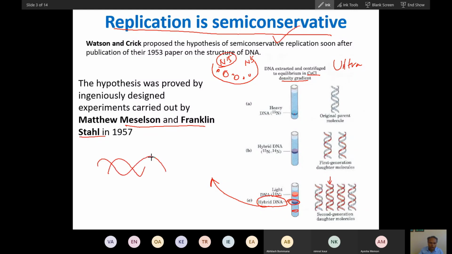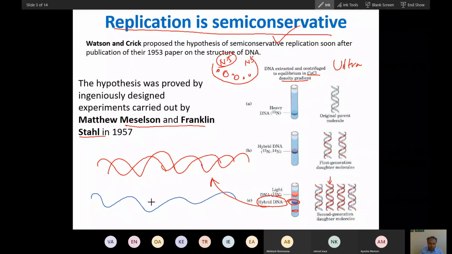If it were conservative, a completely new set of DNA would have been synthesized from the same DNA. What would happen? There would have been this heavy band and this light band, not a hybrid band.